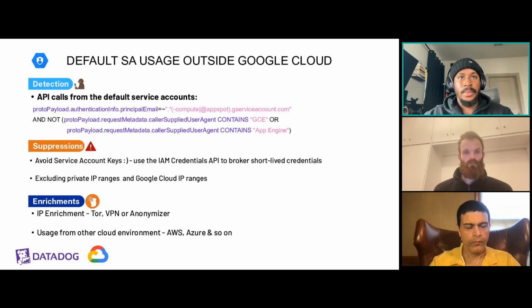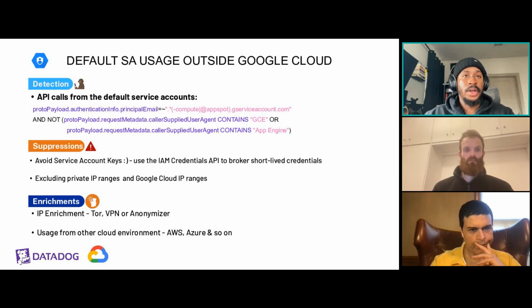So how do we actually detect the usage of these service accounts from outside of Google Cloud? The very first query here is going to be a way by which you can do this. You can easily use these queries based on the Google Cloud Log Explorer.